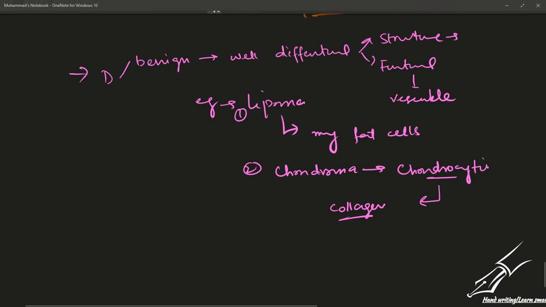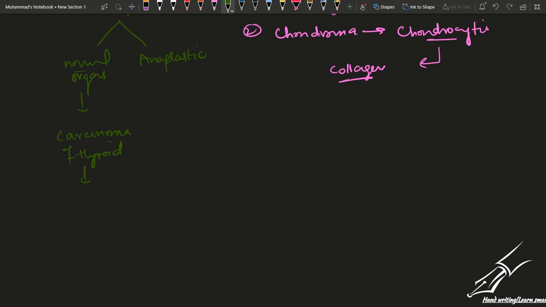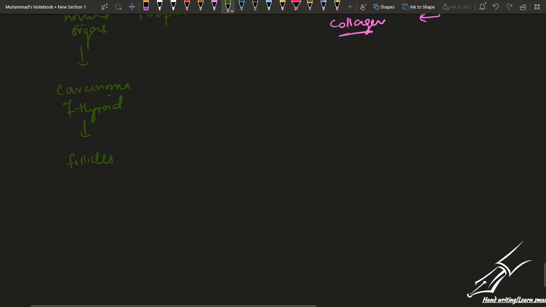But coming to, for example, the carcinoma of thyroid, the follicles resemble the normal follicles of the thyroid gland, and we cannot distinguish them from normal until they invade the other tissue, and then we come to know that it is not a normal tissue, instead it is a carcinoma.